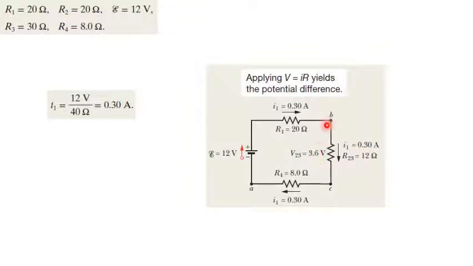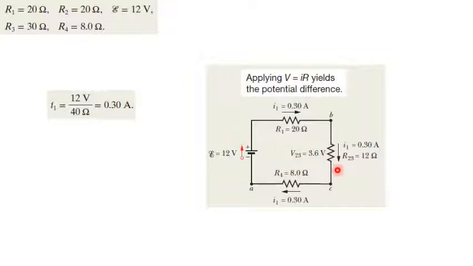So the voltage difference between the points B and C is 3.6 volts, and the voltage difference on R4 is I1 multiplied by R4, which would be 2.4 volts. So once we have obtained the current in the loop, we can obtain the potential difference at each resistor.